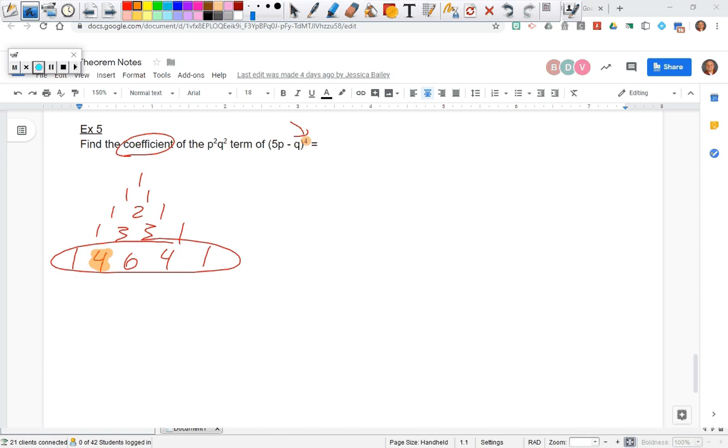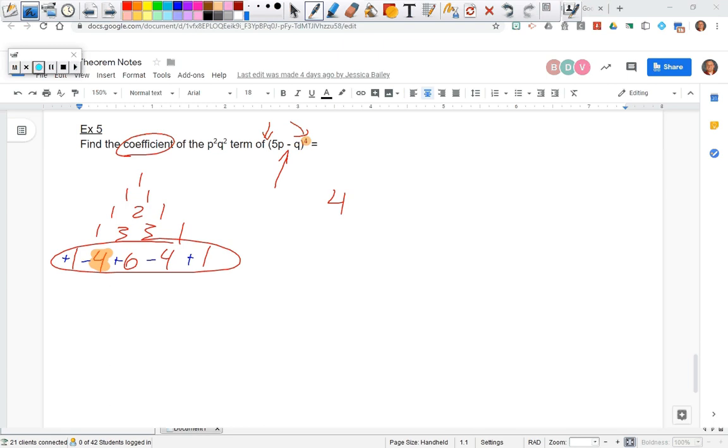Okay, here we go. So our coefficient is 4. Okay, here we go. This is minus. The first one is a positive. We know that alternates. Positive, negative, positive, negative, positive.